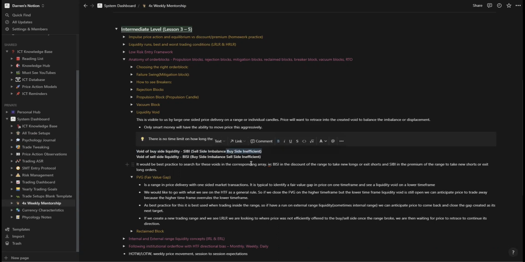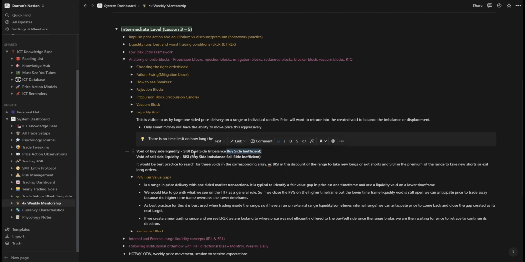So although it's a liquidity void, we say it is a SIBI, and because it's a SIBI, we expect price to come to filter out all of this imbalance on the sell side, and there's inefficiency on the buy side. That's why we call it a sell side imbalance, buy side inefficient. And then obviously if it's bullish, it's a buy side imbalance and a sell side inefficient.